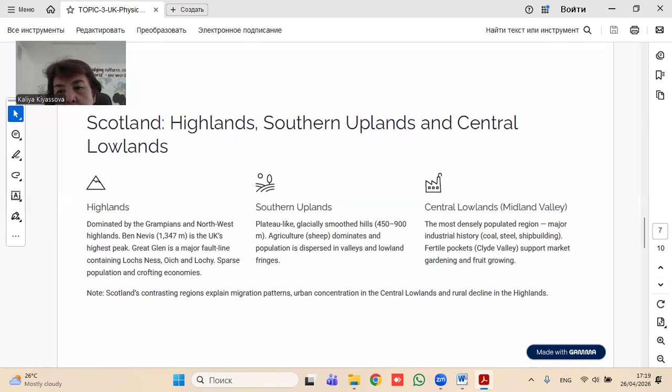Fertile pockets such as the Clyde Valley support market gardening and fruit growing. And pay attention to this note: Scotland's contrasting regions explain migration patterns, urban concentration in the central lowlands, and the rural decline in the highlands.